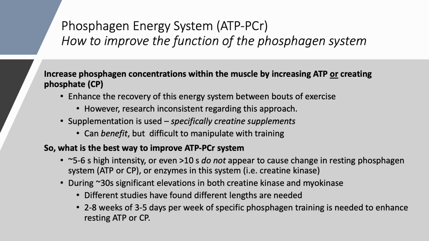So, what is the best way to improve the ATP-PCr system overall? Research has shown that short duration, 5 to 6 seconds of high intensity exercise, may only cause a little bit of change. They do not appear to cause a change in the resting phosphagen system, the ATP or CP mentioned above, or even the enzymes in the system, creatine kinase.